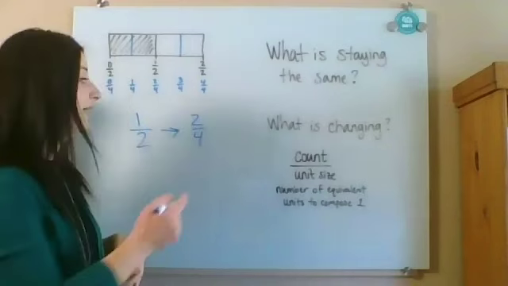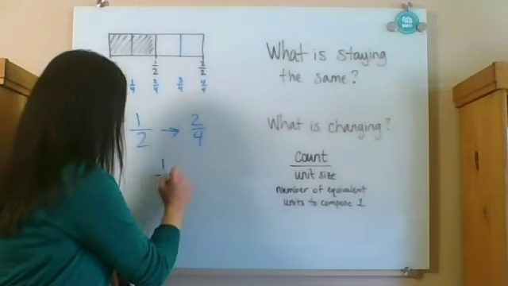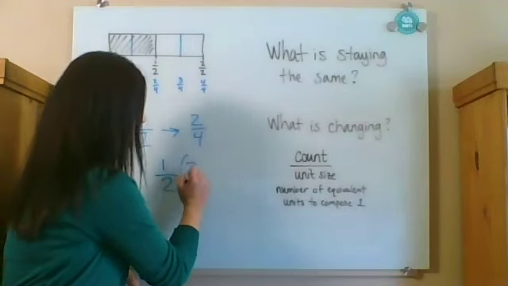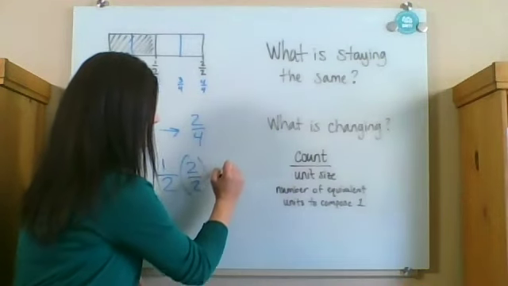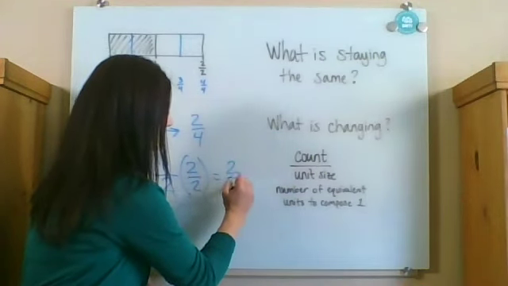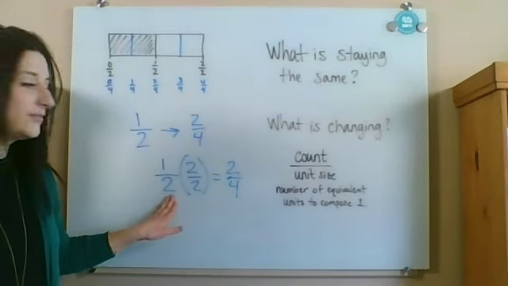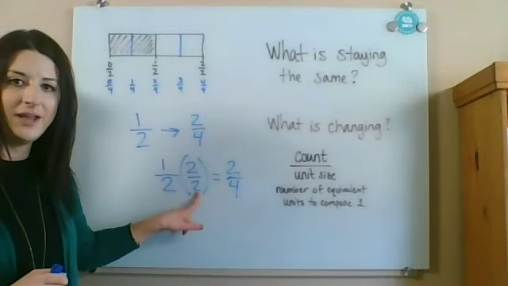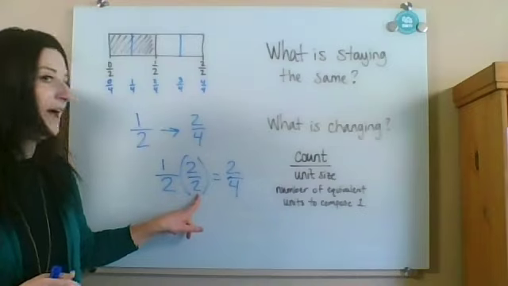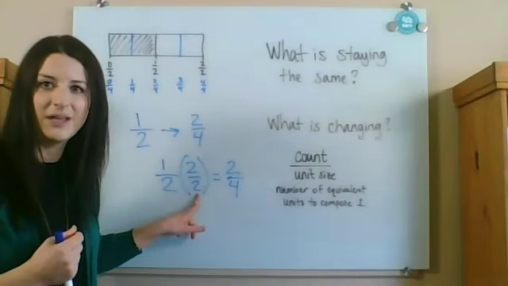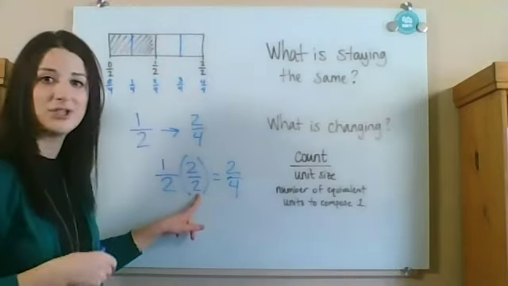We eventually formalize this into an algorithm many of you may remember that looks like this. So let's talk through that algorithm. I'm taking my 1/2, and that 2 in the denominator is taking my units in 1/2 and partitioning them, making them half as big as they were. That's those blue lines and those partitions.